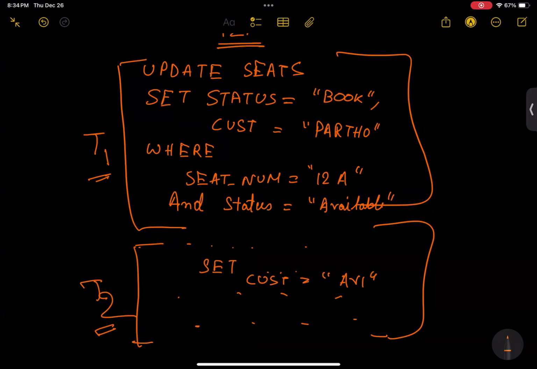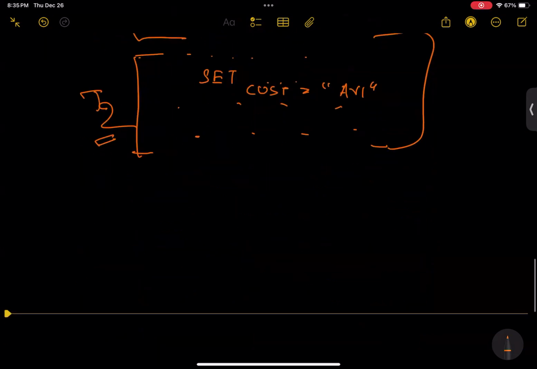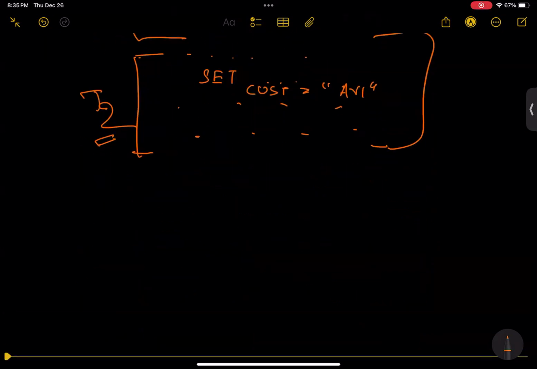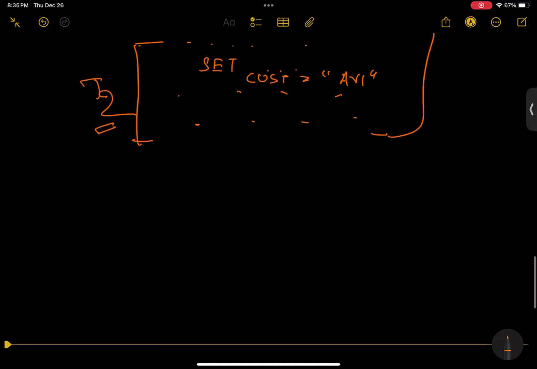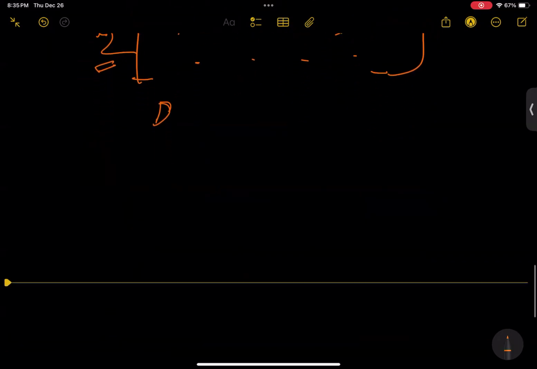Now, this is where one very important concept comes in. If isolation is not done, you know what happens? There is another thing called dirty reads.